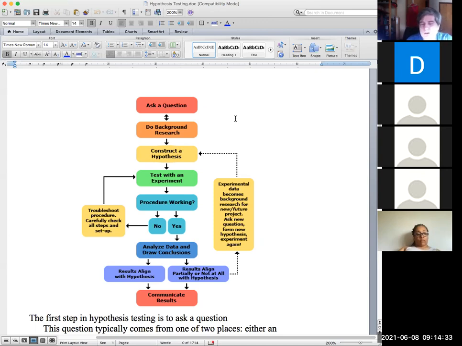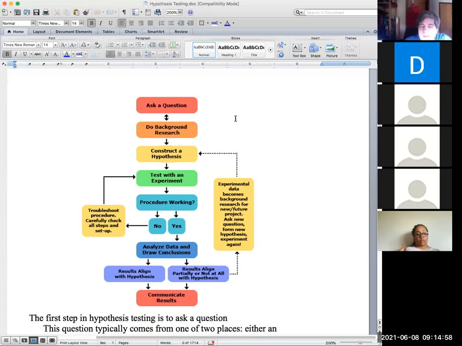So now what you do is you construct a hypothesis. A hypothesis is sometimes called an educated guess. A hypothesis is a possible answer to this question, a possible solution to this problem. Now notice I'm saying possible because we don't know that it's the correct answer to your question. That's why we're going to have to test this hypothesis.